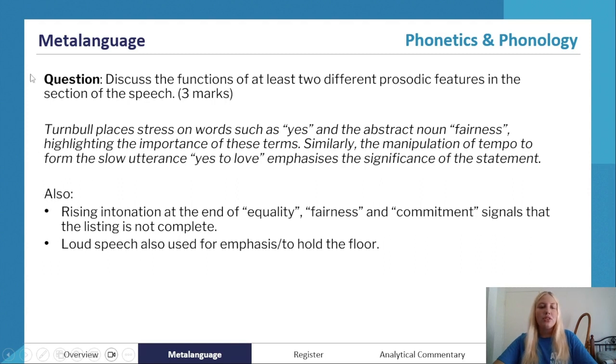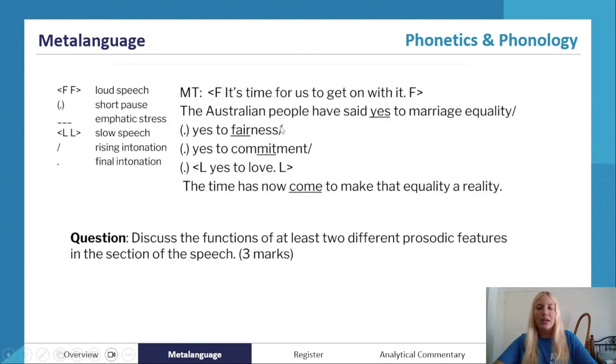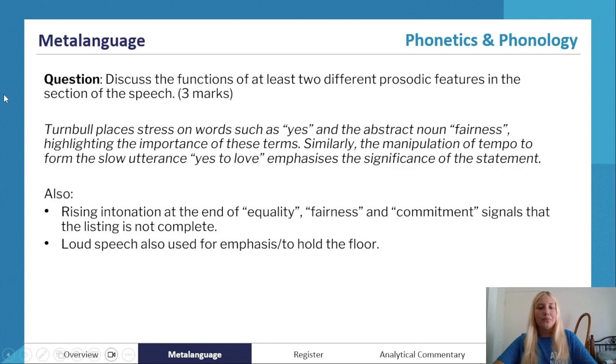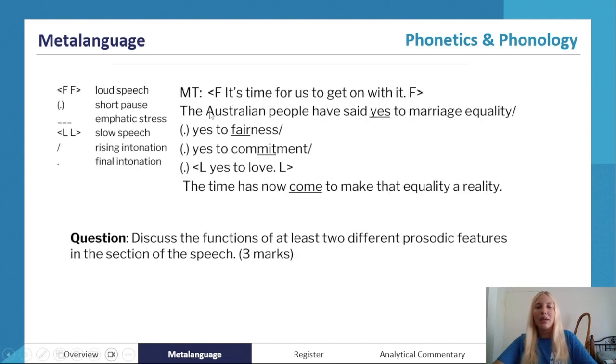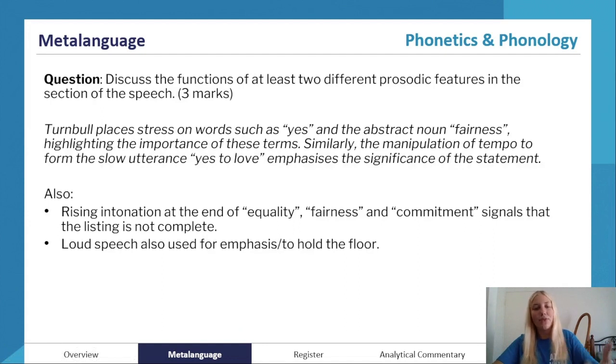Some additional features we could analyze, that there's the rising intonation at the ends of fairness, equality, commitment, signals that the listing is not complete, that there's basically many, many more things that fall under marriage equality, many happy things and good qualities, and that he's just naming a few. So it signifies that that thought isn't finished to make it more impactful.